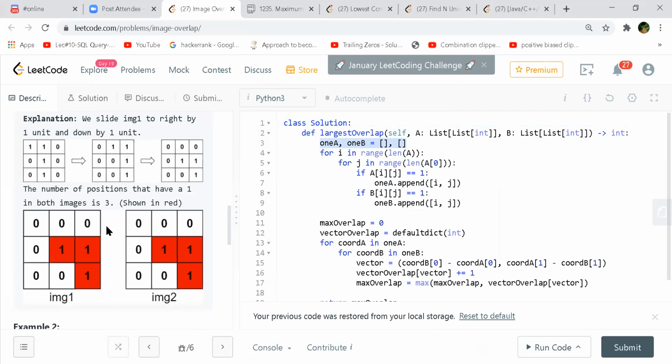So we are storing all those coordinates where the one is present in both your first array and in the second array. So 1A and 1B.